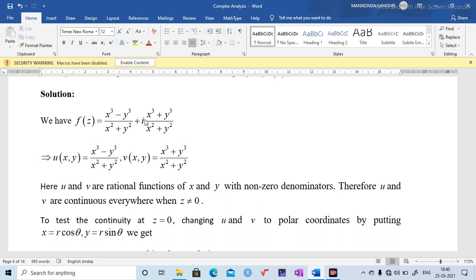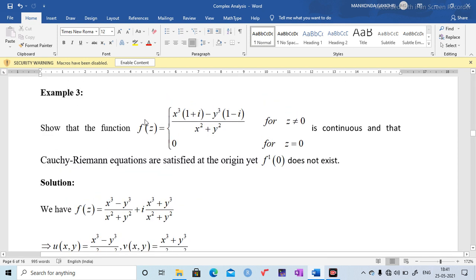Positive term plus positive term means it is not equal to 0. That's why u is having non-zero denominator, v is also having non-zero denominator. Therefore u and v are continuous functions when z not equal to 0. Why z not equal to 0? Because the definition of f of z is like this for z not equal to 0.